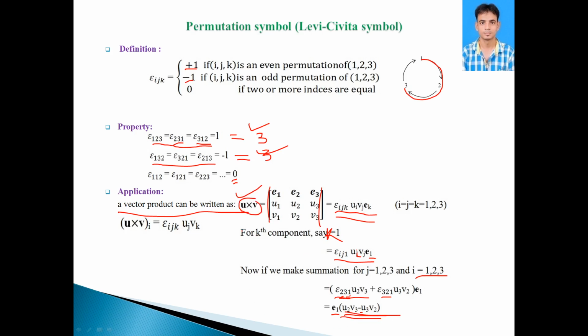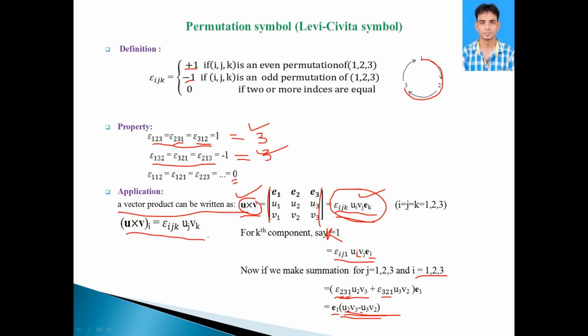So we can represent a cross product in indicial form like this. You need to keep this in mind. Component wise, it is (u cross v)i equal to epsilon ijk uj vk.